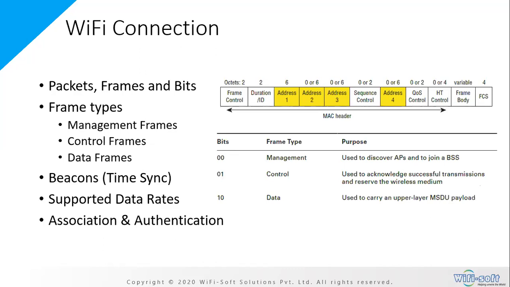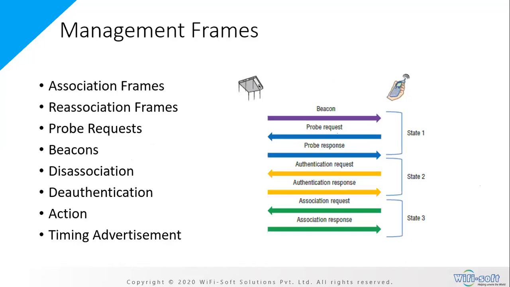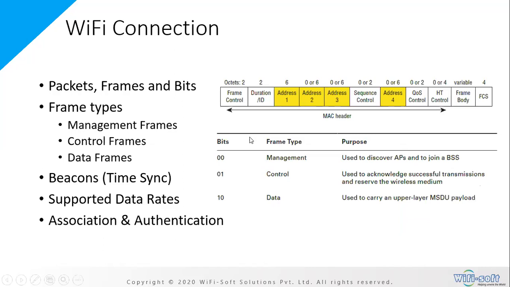Then let me see if there is a slide for authentication. Yeah, okay, there is one more slide here. So authentication and association are two other important aspects of Wi-Fi. Authentication means when you connect to a Wi-Fi. So first of all, the management frame.